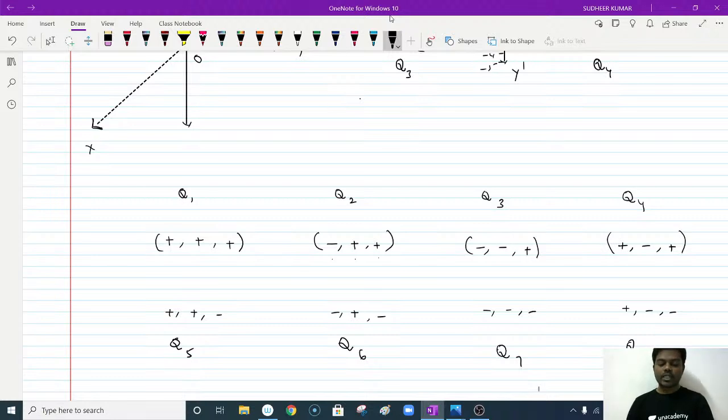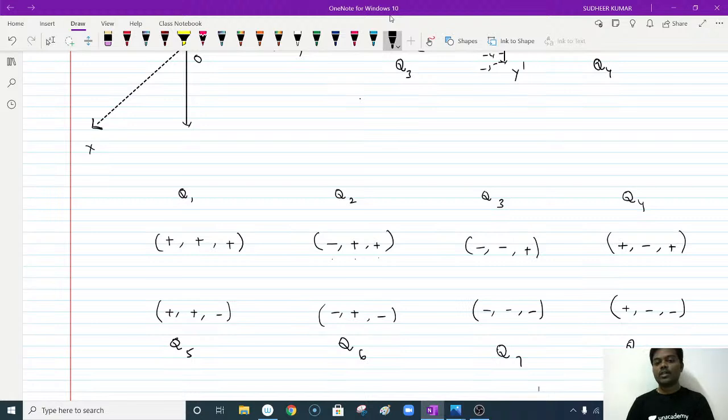In fifth quadrant, x is positive, y is positive, z is negative. Sixth quadrant, x is negative, y is positive, so z is negative, right? And seventh quadrant, all are negative. And eighth quadrant, x is positive, y is negative, as well as z is negative.